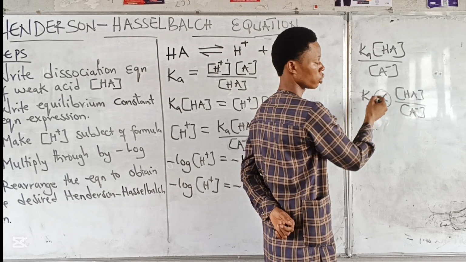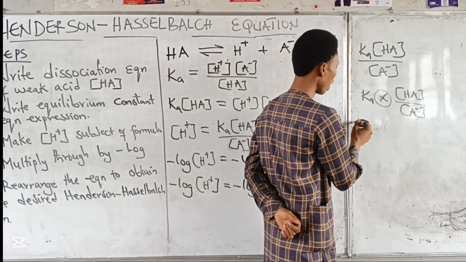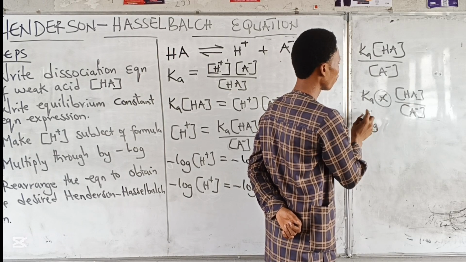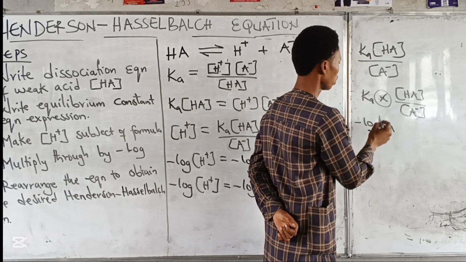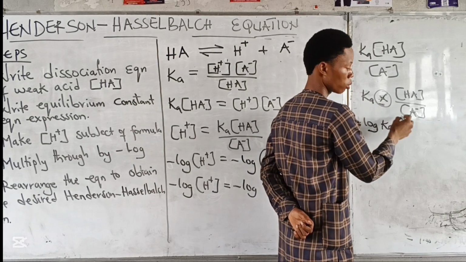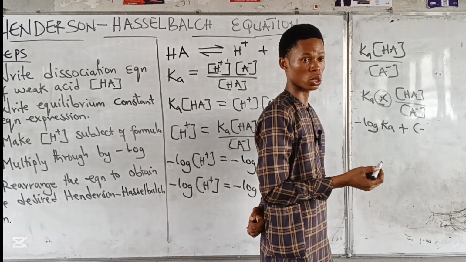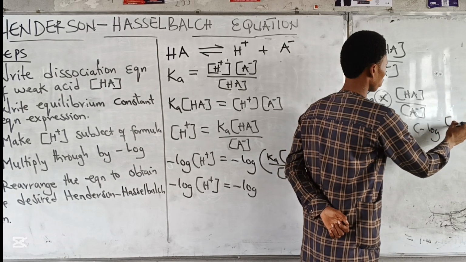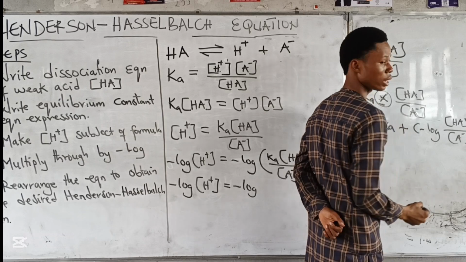Separating them by the laws of logarithm, I'll have minus log Ka, and since this is times, it will be plus minus log of HA over A minus.